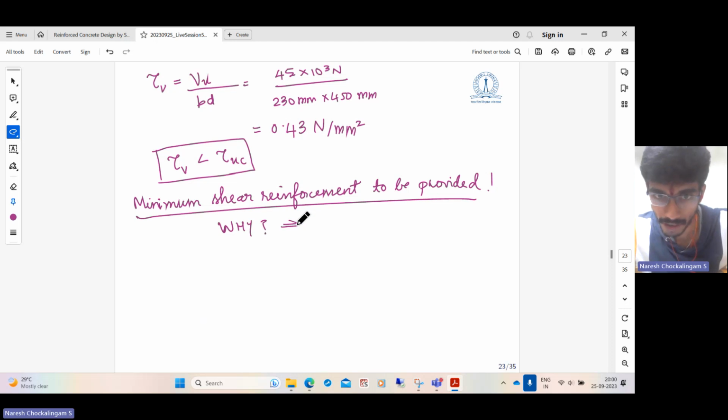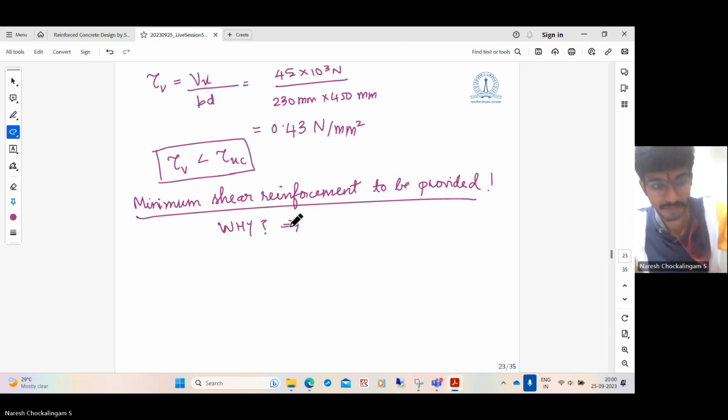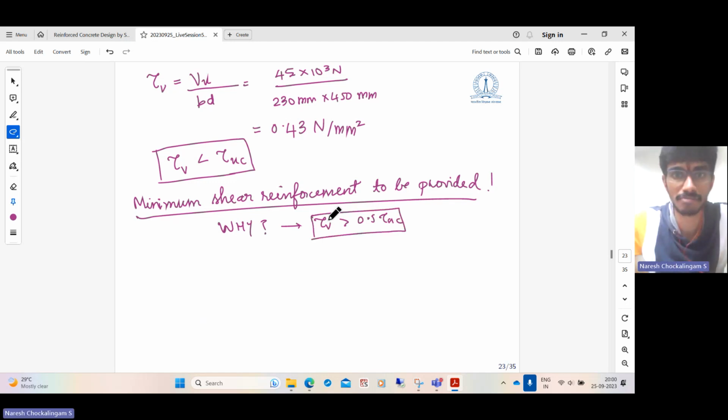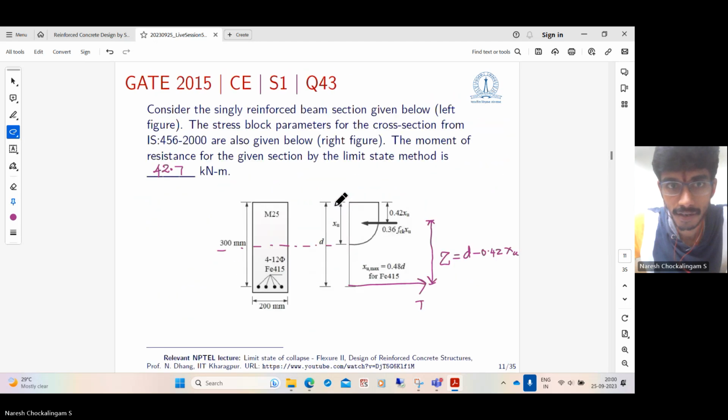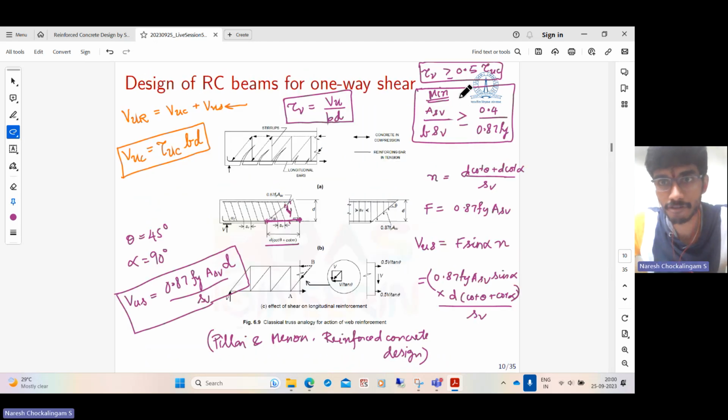Because tau v is still greater than 0.5 times tau uc. Right? Remember this condition which we saw here. We need to provide minimum shear reinforcement whenever tau v, the factored shear force divided by bd, is greater than or equal to 0.5 times tau uc.